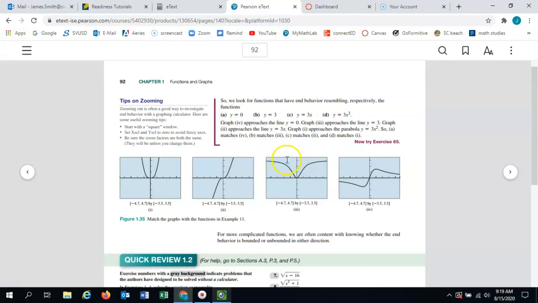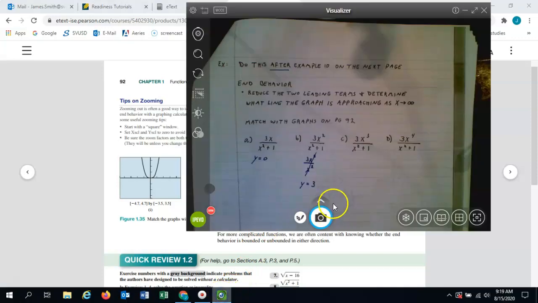So I know this graph would match the example we just looked at on the other page. Here's my horizontal asymptote at y equals 3. I can see that this is what the graph is approaching as x approaches infinity. This is the only one that does that, so I know this one would fit that description. So let's look at the last 2 here real quick.